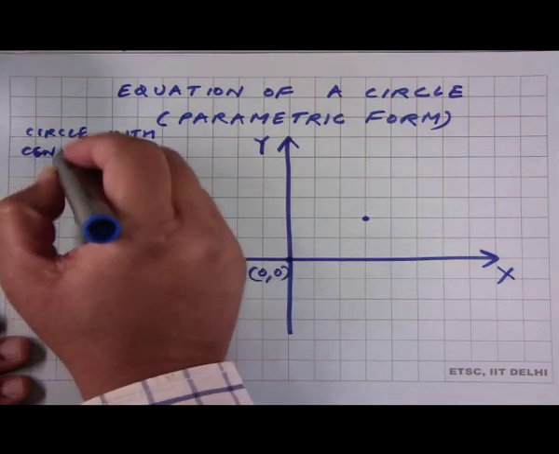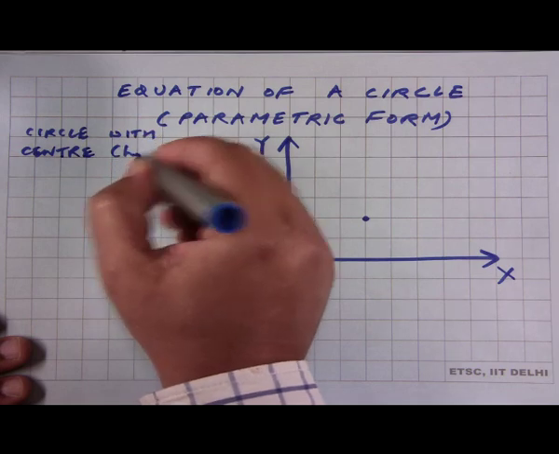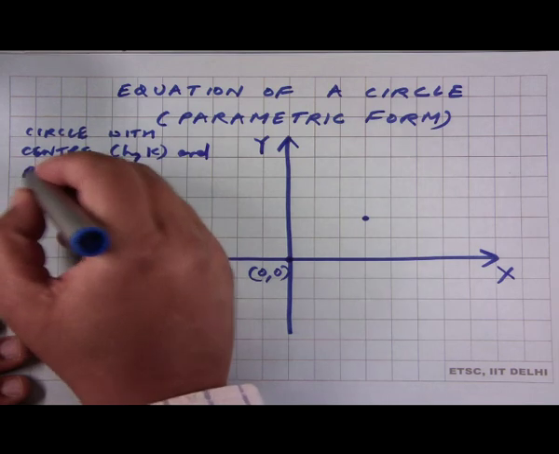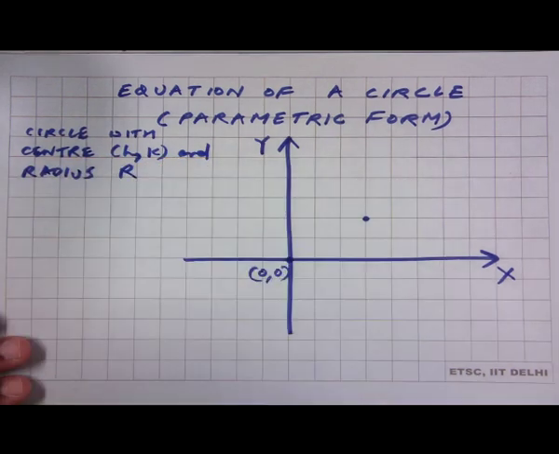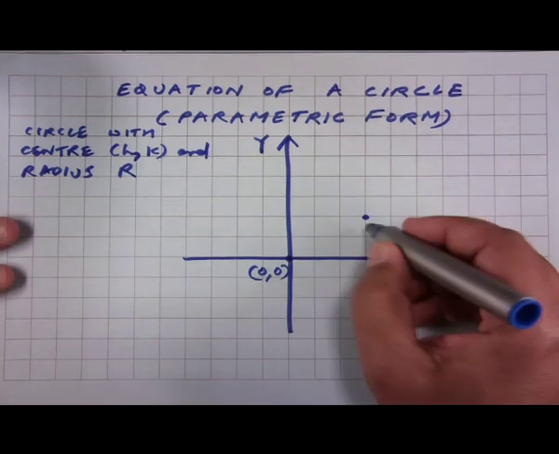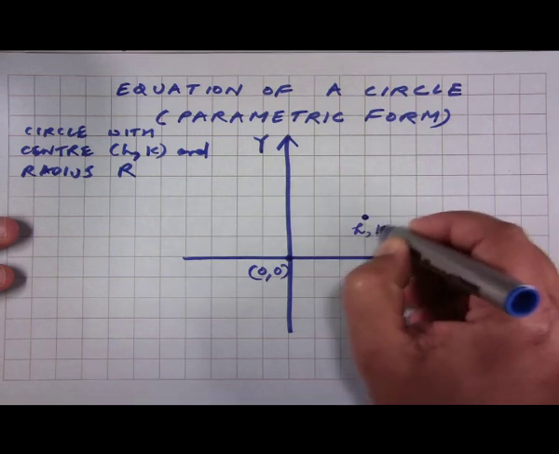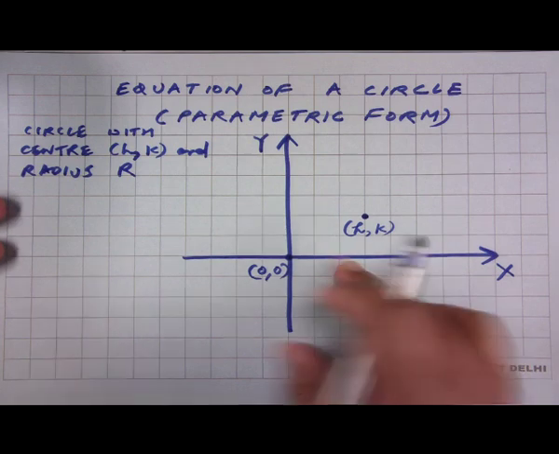Suppose we again have a circle with center at (h, k) and radius r. So, let us say this is the center (h, k), the radius is r.